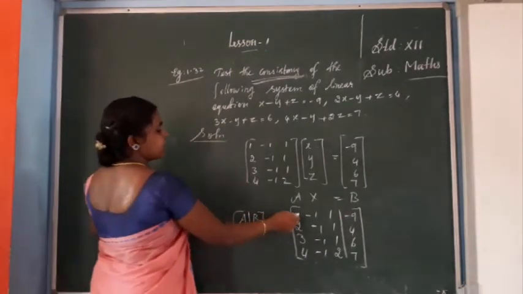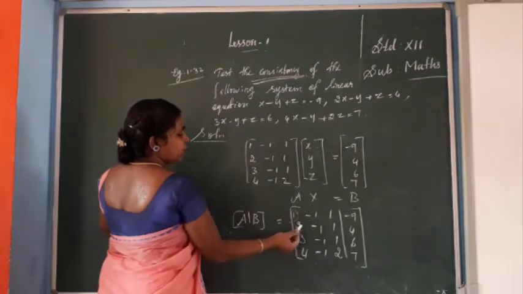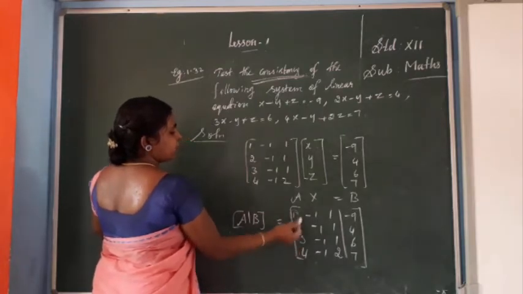Next we need the first element non-zero. It is non-zero. Next we have to eliminate 2, 3 and 4 using the first row.